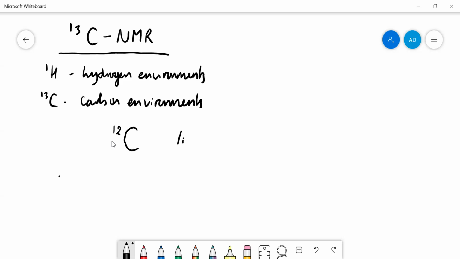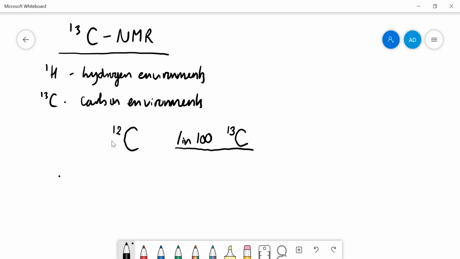Approximately 1 in 100 carbon atoms is carbon 13. That will give a spectrum, and so that can be used to investigate molecules. There's obviously going to be a problem with sensitivity because it's only 1 in 100 of the actual carbon atoms in the sample that are going to be responding, giving a signal. So technically it's more difficult than 1H NMR.